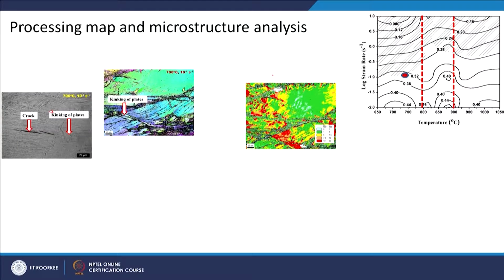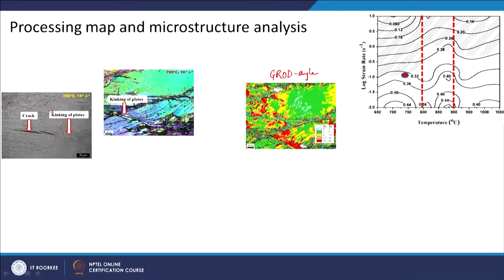We plotted another map called GROD, grain reference orientation deviation, which shows how the grain is rotating due to the deformation. There is a reference orientation and how much it is deviating from that. The red colors mean the deviation is more.